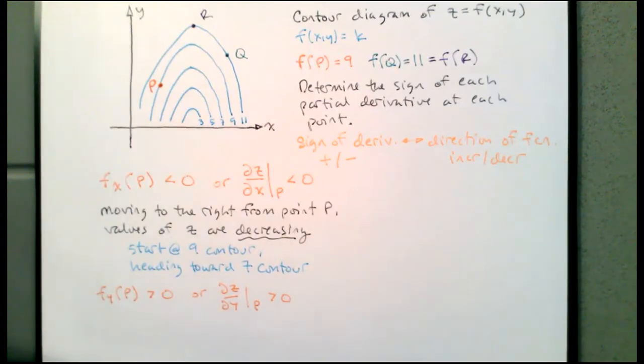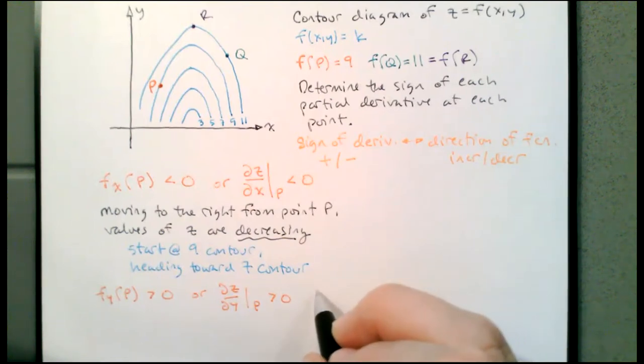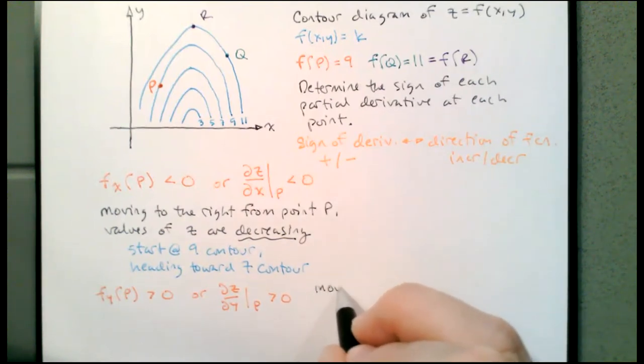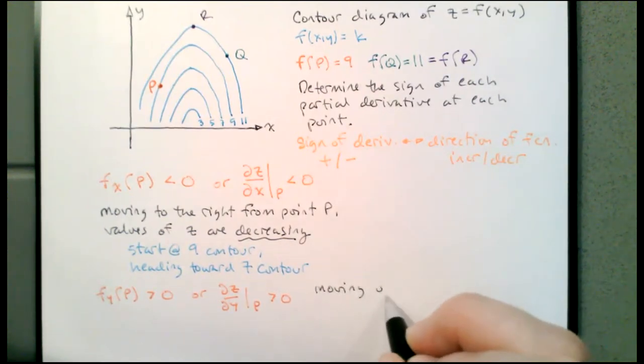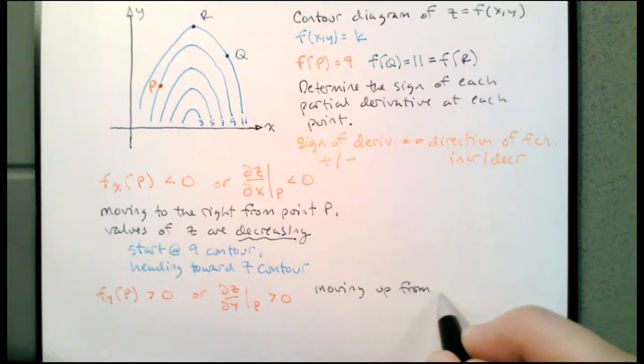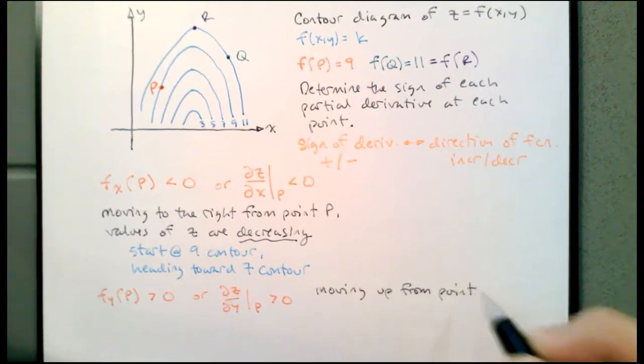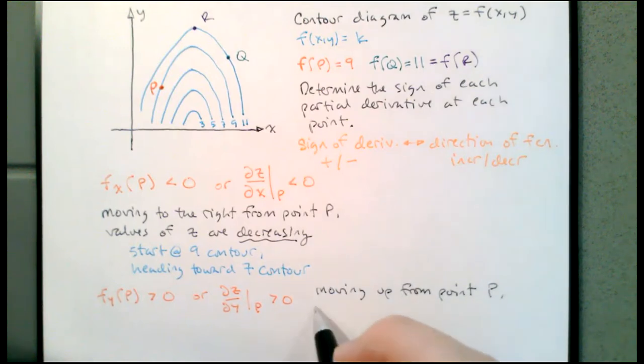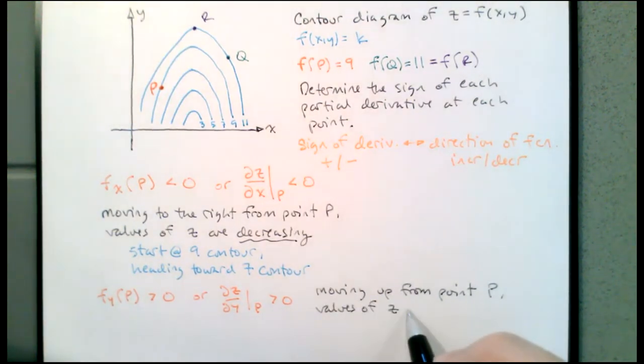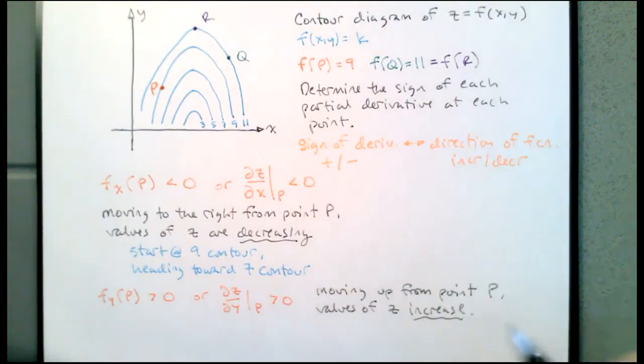So if we move up from point P, the values of z are increasing. The direction of the function tells us the sign of the derivative.